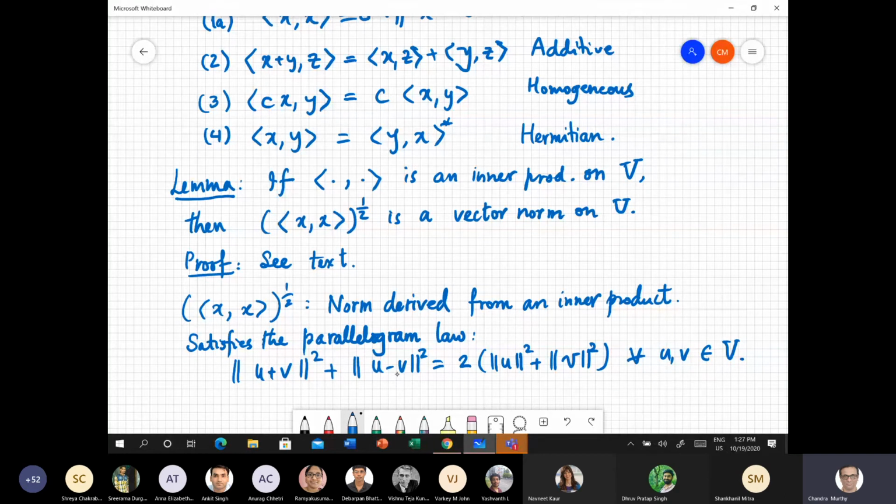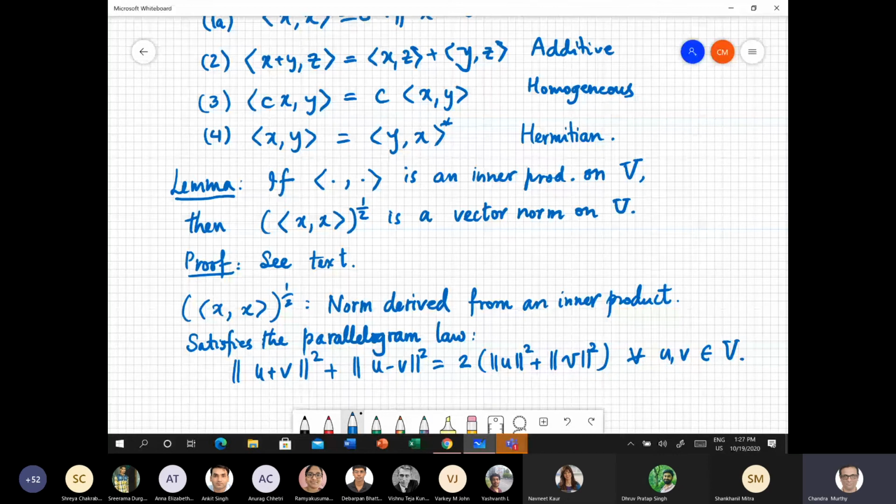That is for the real case. For the complex case, you will get something like u Hermitian v plus v Hermitian u, but you will get exactly the negative of that out here. So those two will cancel, and all you're left with is 2 times norm u squared plus norm v squared. So if it's derived from an inner product, it's easy to see that the norm satisfies this parallelogram law.